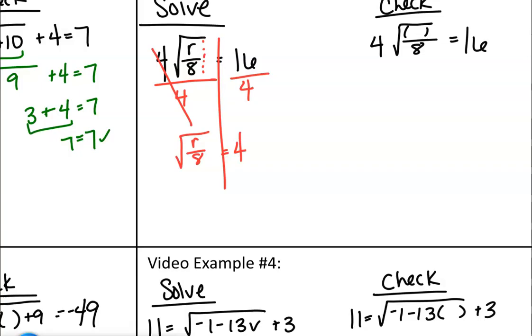Now that our variable is isolated, or sorry, not variable, our radical is isolated, the inverse operation of square root is squaring. So if I square the left, I must square the right. That goes away, leaving me with r divided by 8 equals 4 squared would be, not 4, 16.